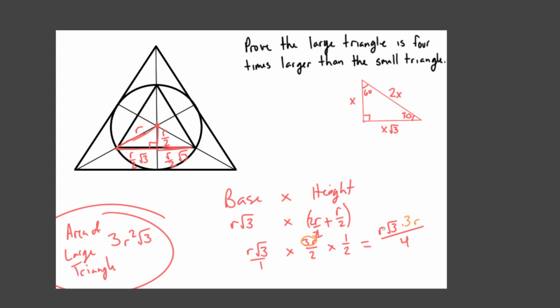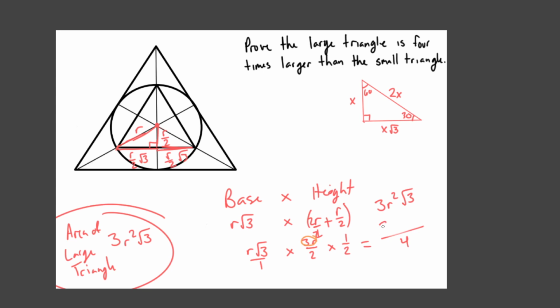If I was to simplify this out, I have r times the square root of 3 times r. I can rearrange this. So I'm going to put this as 3, 2 r's. So r times r is r squared. Gets rid of these two. Times the square root of 3. And this is all still over 4.